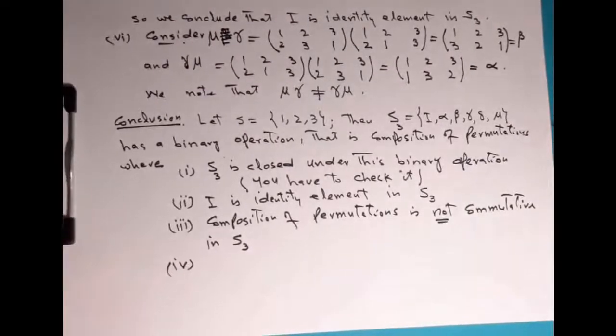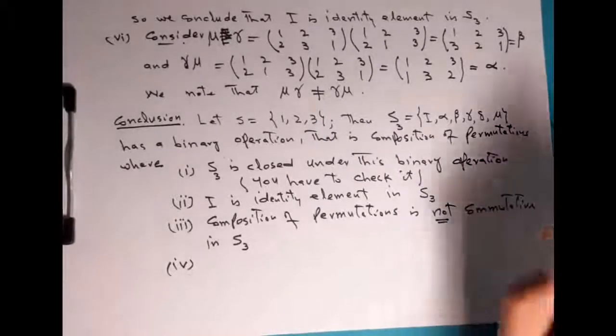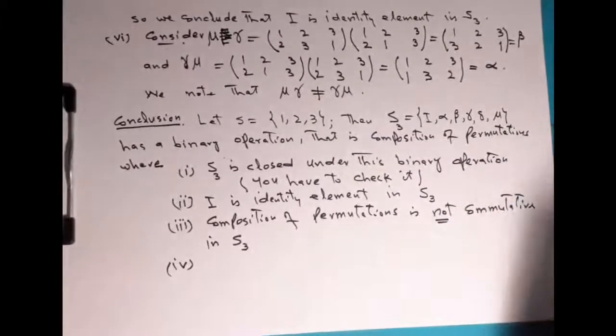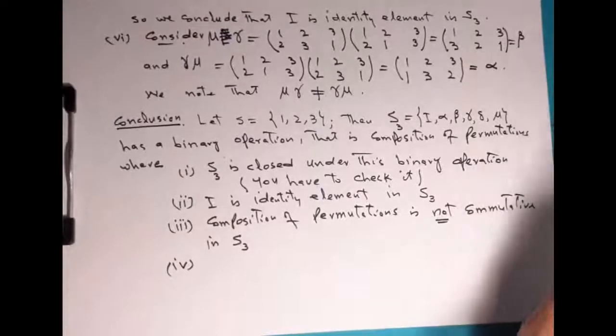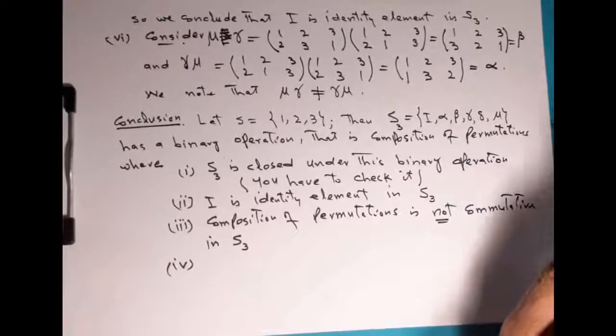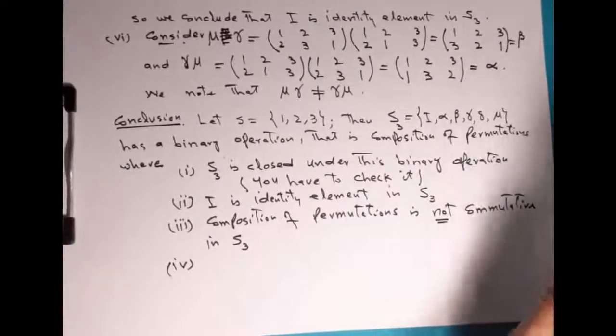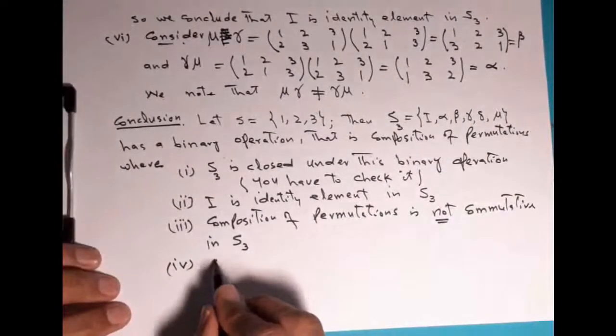Let me make a comment. Since composition of functions is always associative and permutations are functions as well, therefore composition of permutations is also associative.